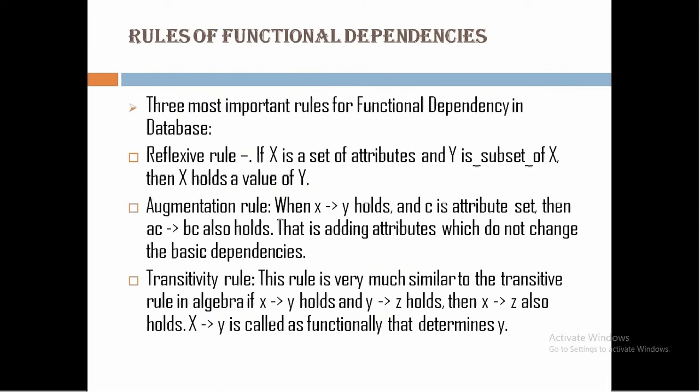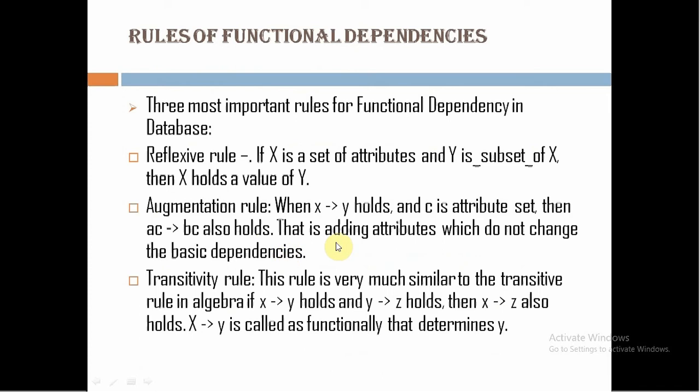There are some rules of functional dependencies. These are the reflexive, augmentation and transitivity rules. Reflexive rule: if X is a set of attributes and Y is a subset of X, then X holds the value of Y. Augmentation rule: when X determines Y holds, and C is an attribute set, then XC → YC also holds.